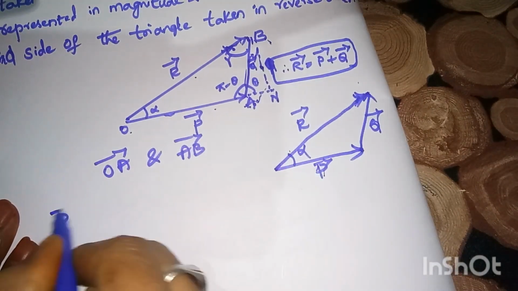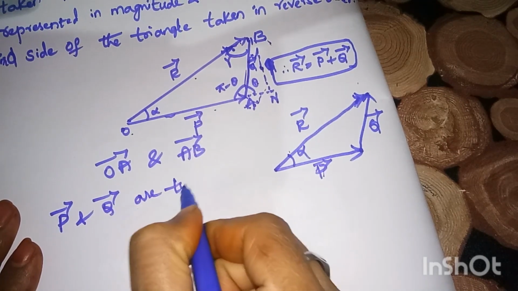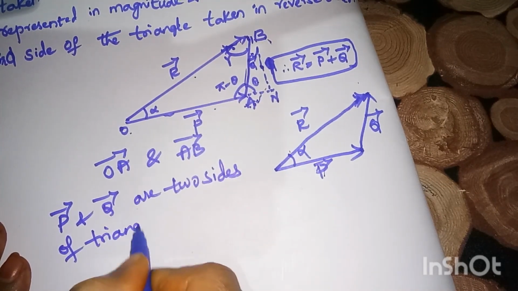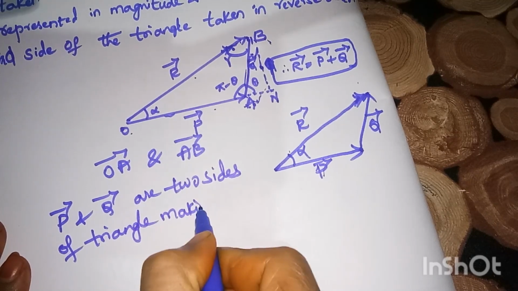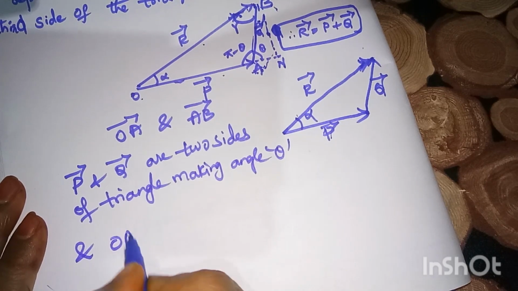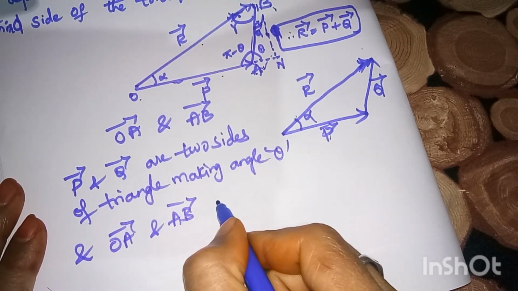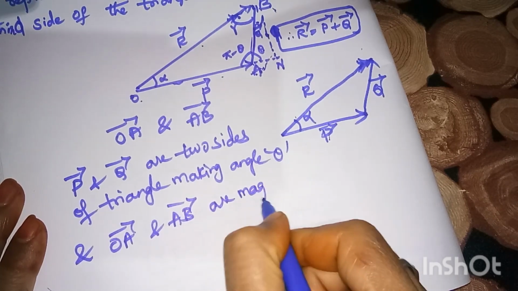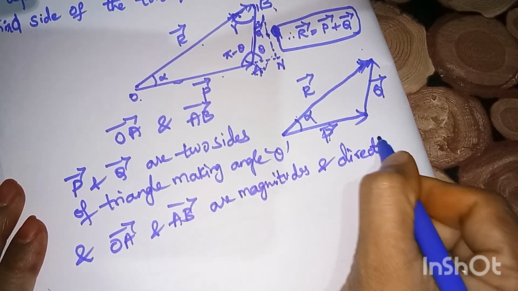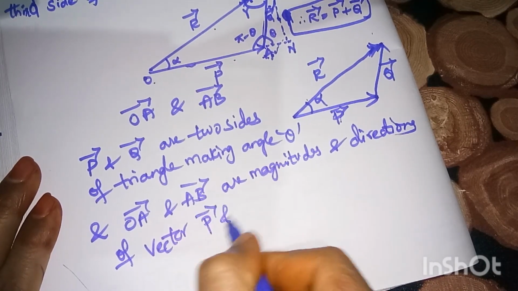So P bar and Q bar are two sides of the triangle making an angle theta, and OA bar and AB bar are the magnitudes and directions of vector P bar and Q bar.